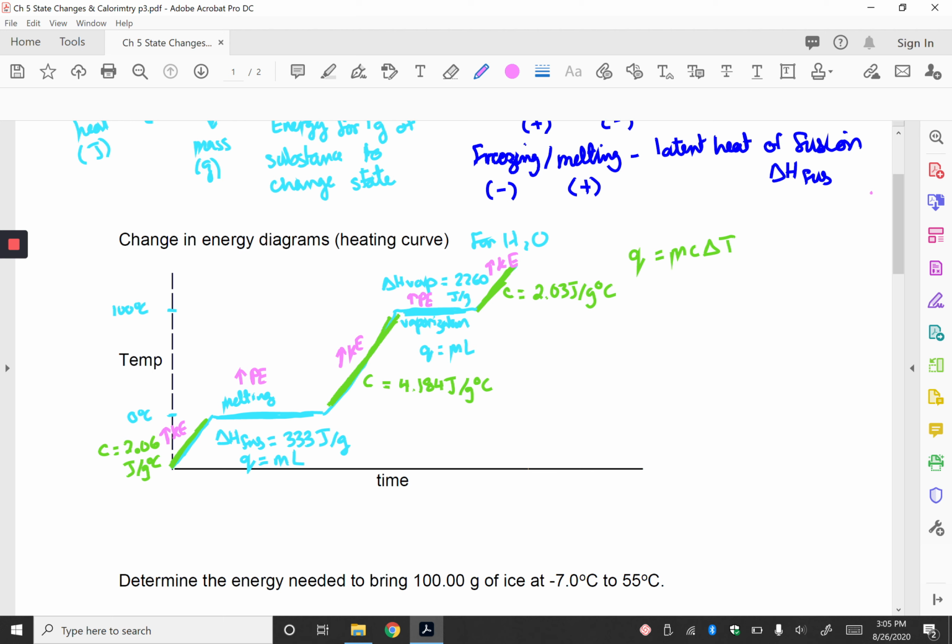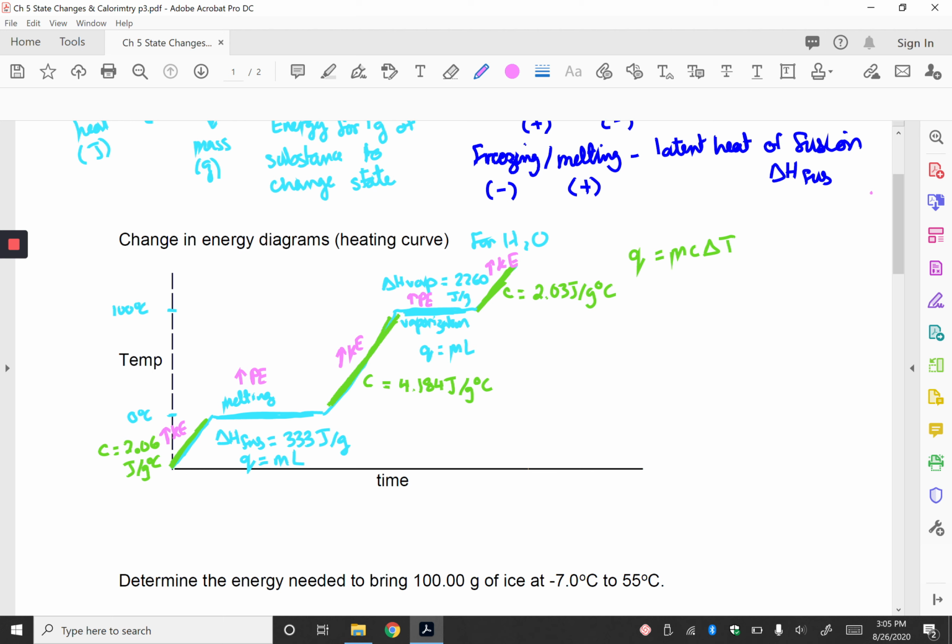So these are the numbers that we're going to use, and if on the exam they give you water or anything else, they will give you all these numbers to use. But for water, they know that you know that the freezing point is 0 Celsius, the boiling point is 100 Celsius.